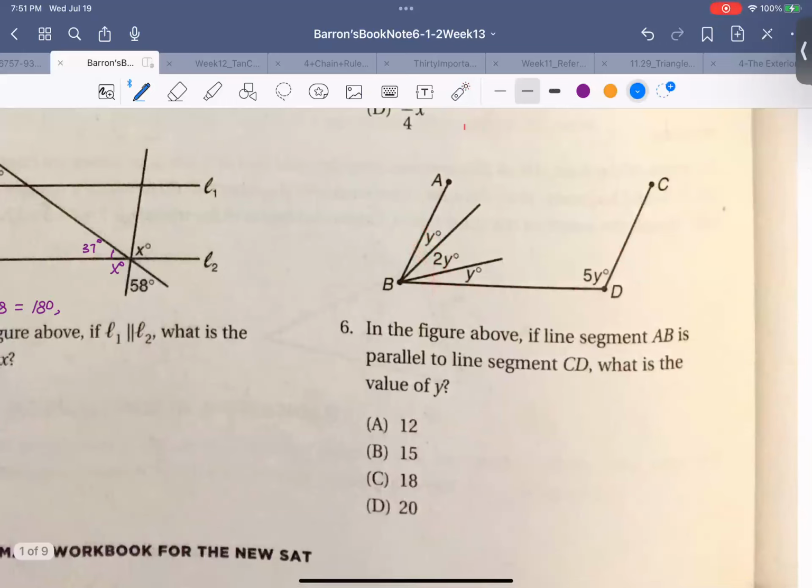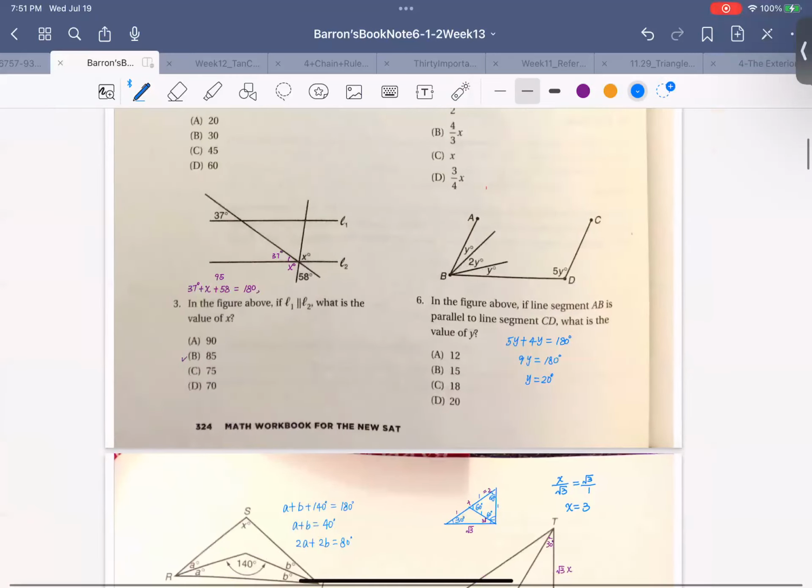This is 4y. So 5y plus 4y is because what? Supplementary. You call this what? Same side interior. Good. So 9y is 180. Okay. Next one.